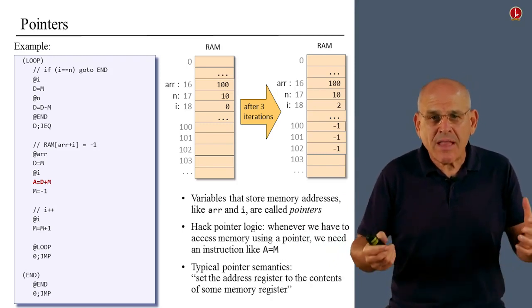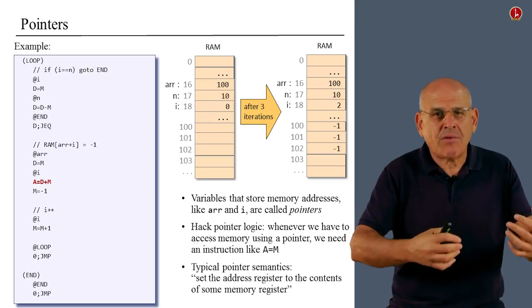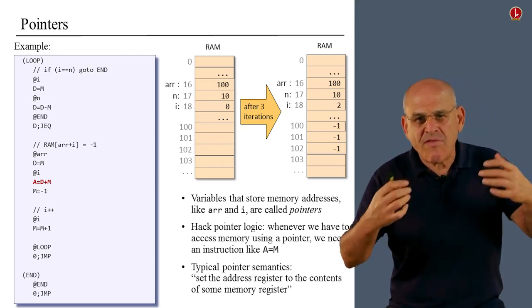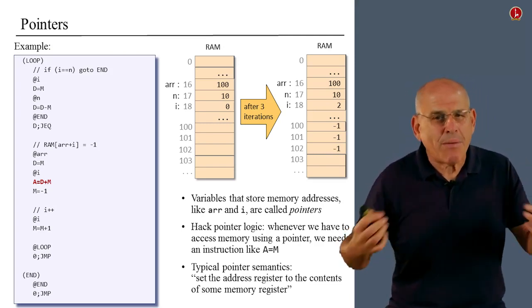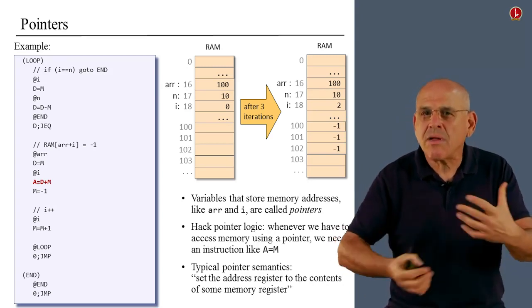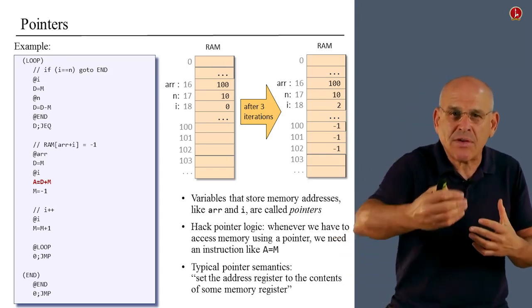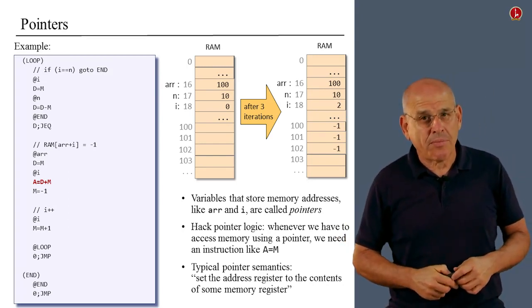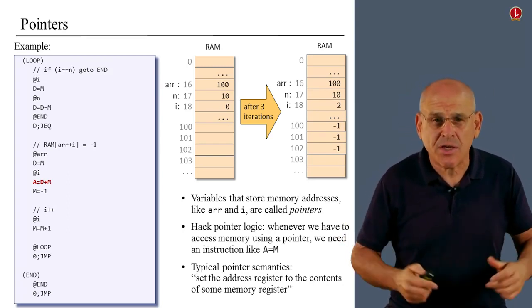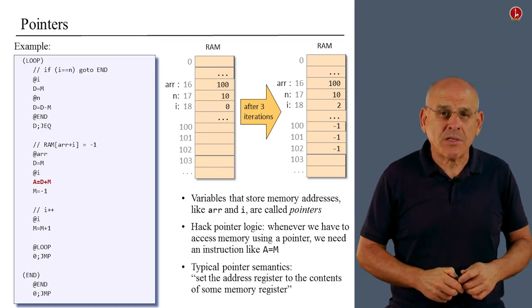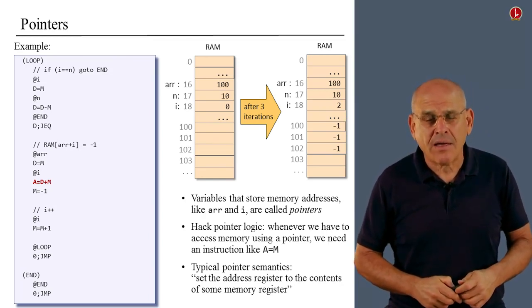So the typical semantics is: set the address register to the value of some memory register in which I do some pointer arithmetic to compute the address on which I want to operate. Okay, so this, in a nutshell, is how we do pointer processing in the Hack machine language.